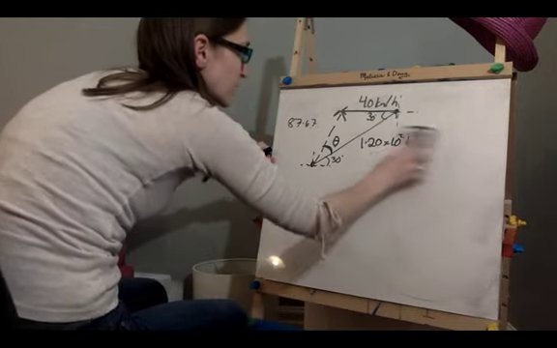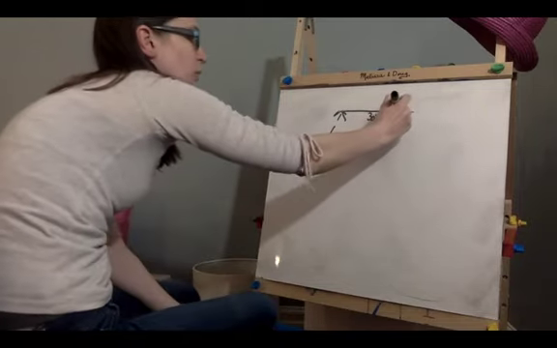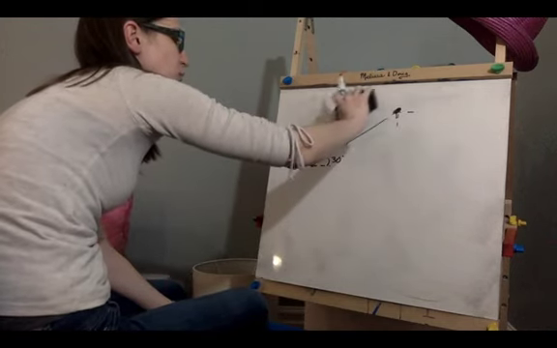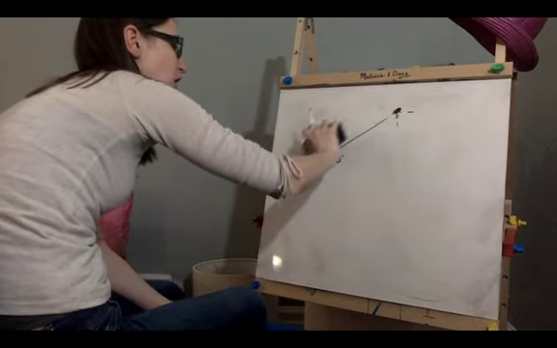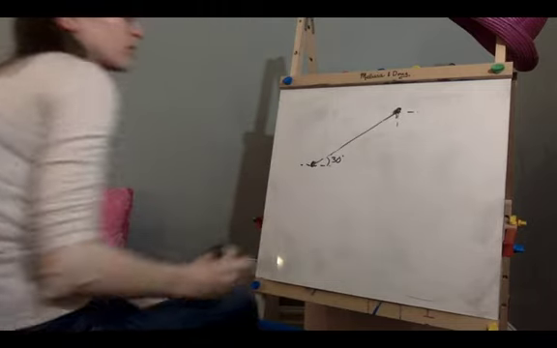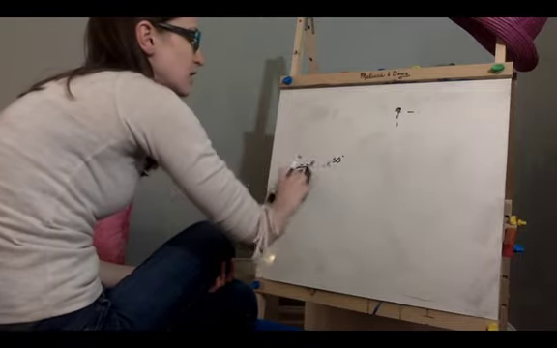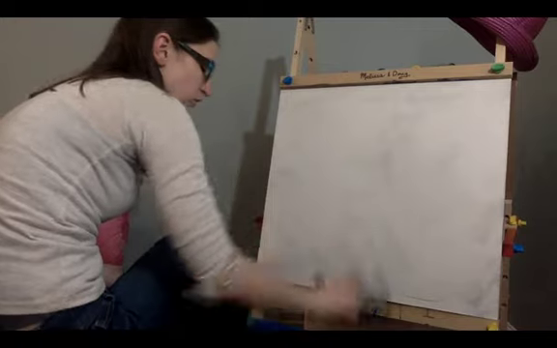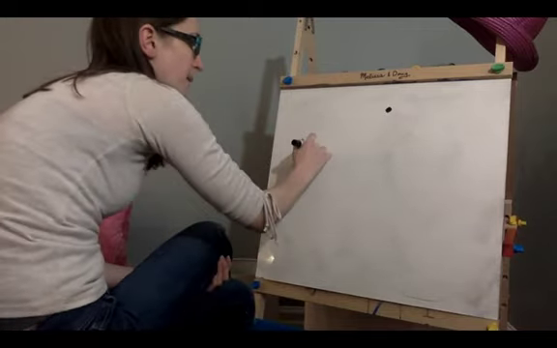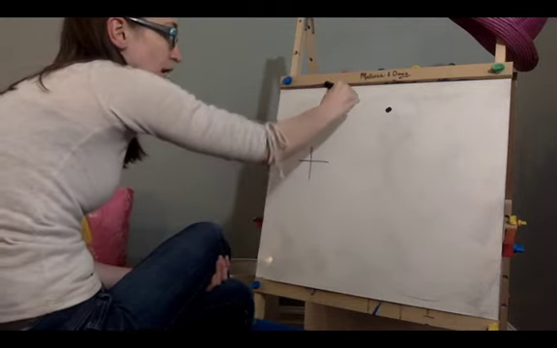So if this is ultimately where we want to end up, that western wind is still going to push us 13 degrees off course. So where we should actually head is a little bit off. This is where I want to be. What's going to end up happening is that if I go 30 degrees, I end up over here.